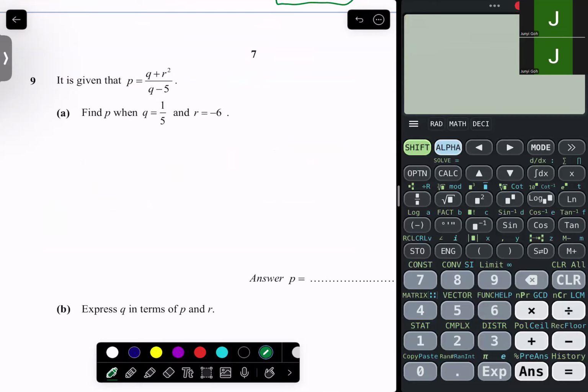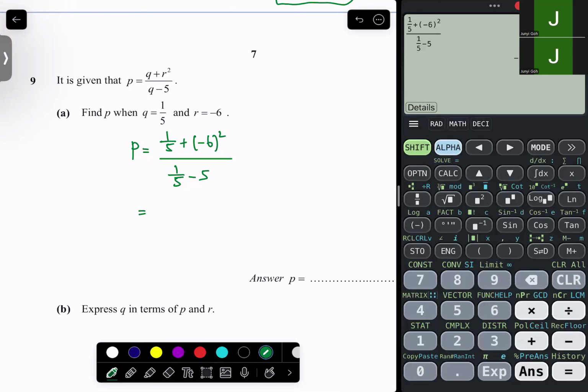Okay, so P equals Q. Let's rewrite: 1/5 plus -6 squared over 1/5 minus 5. When you key in your calculator, just make sure that it looks exactly like this, right? So 1/5 plus bracket -6 squared over 1/5 minus 5.